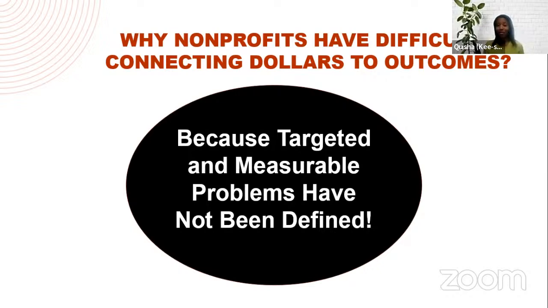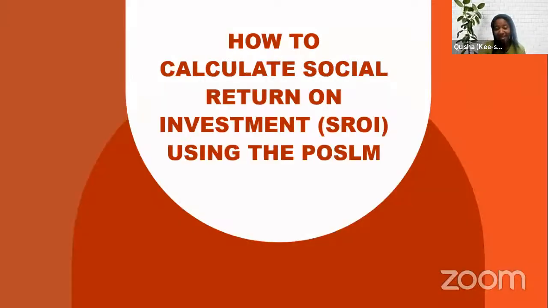The progressive outcome scale logic model helps you to do just that. Now I'm going to get into how, after you've developed your progressive outcome scale logic model, you use that information to calculate your social return on investment, or SROI, using the POSLO, short for Progressive Outcome Scale Logic Model.